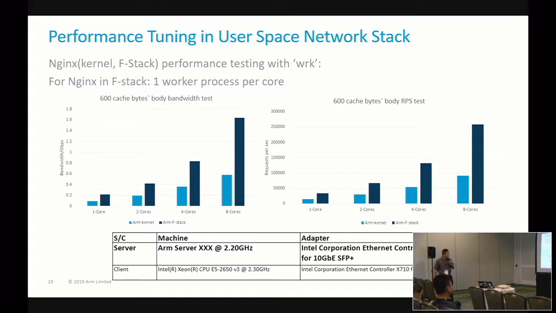The third one is the performance tuning and evaluation of the user space network stack, which I previously said is about F-Stack. From the F-Stack cases, you can see an Nginx test run with wrk. Not only in bandwidth, but also in RPS, requests per second, we gain a lot from the user space network stack compared with the kernel-based one.